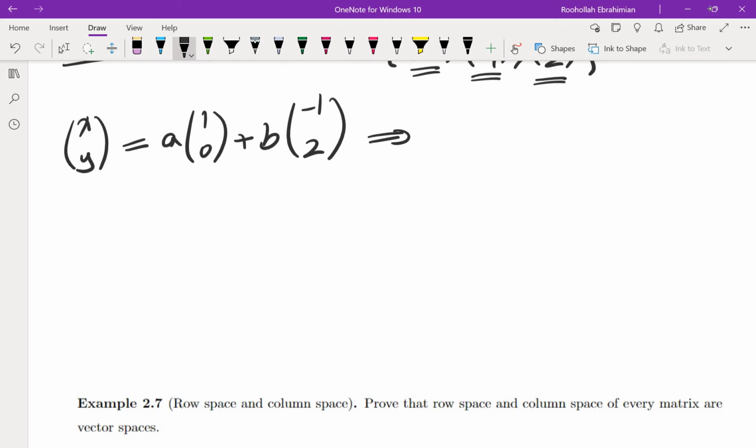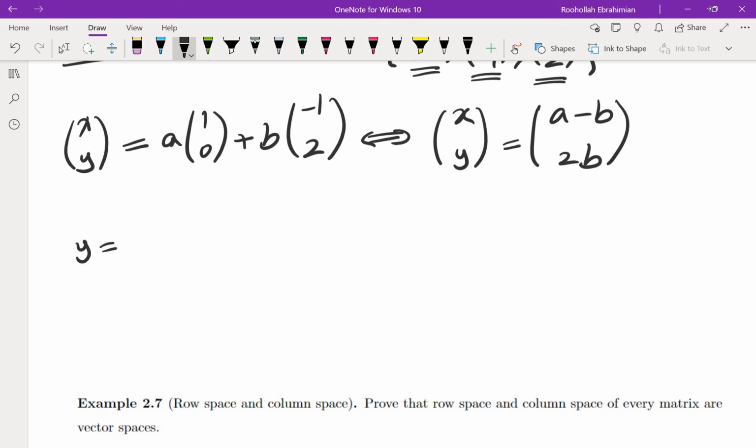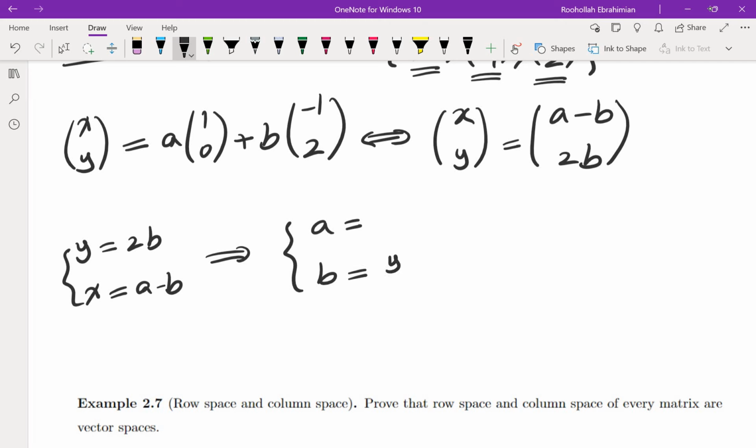I want to see if that's possible. So this is the same as saying (x, y) is (a - b, 2b). So if I take y = 2b and x = a - b, I would be basically done. So a and b can be obtained: b is y/2 and a is x + y/2.